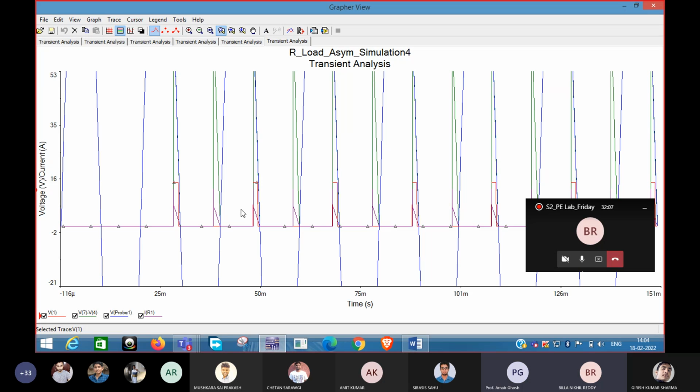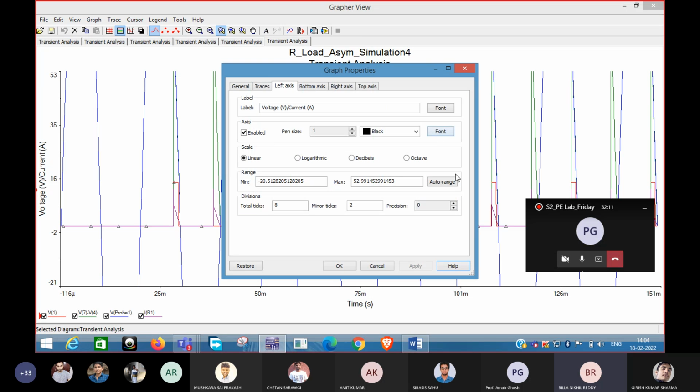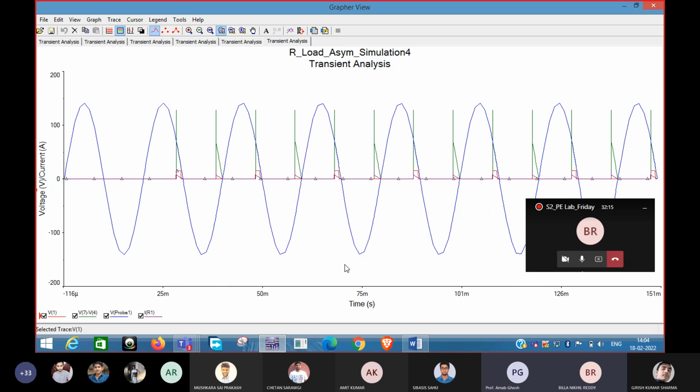Make it auto scale. Auto range. Make it auto range. Yes, sir. Then make it 180 degree.